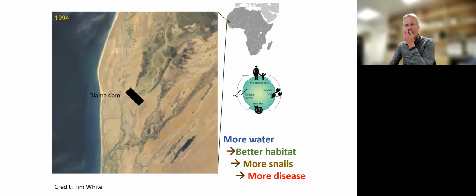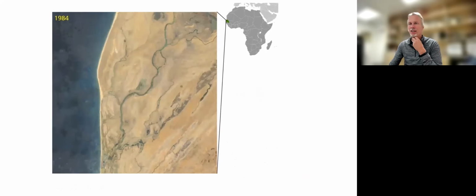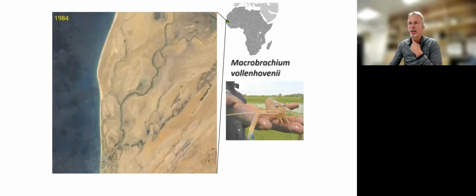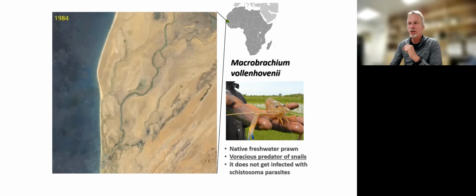Now, there is something that you can't see from the satellite imagery, and this is Macrobrachium vollenhovenii, the African river prawn. This prawn is native and is a voracious predator of the snails that amplify schisto. And I know you would ask: no, it does not get infected when it eats a snail that is infected.